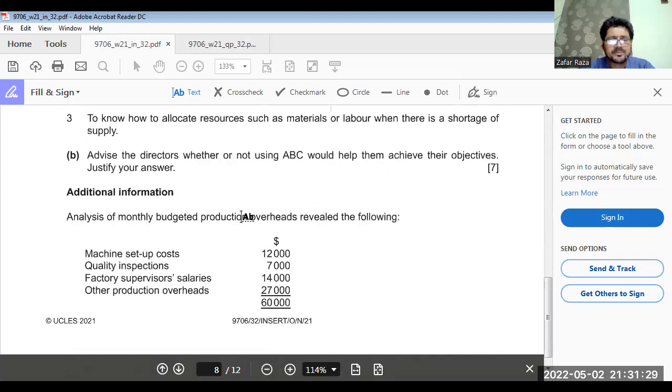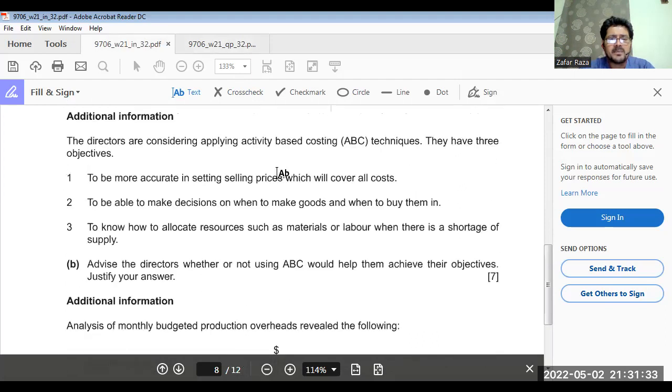Now, when we answer this question, we have to be very careful. Activity-based costing, yes, is a very good concept in costing to set selling price. Why? Because setting the correct selling price of a product would be easy using activity-based costing, because it tells us how much effort we have put into a particular product.